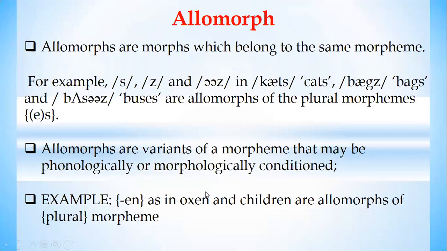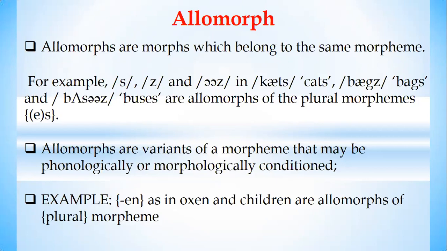We have the allomorph. Allomorphs also fall under morphology. Allomorphs belong to the same morpheme. For example, the S and Z: cats, bags, buzzes are allomorphs of the plural morpheme.